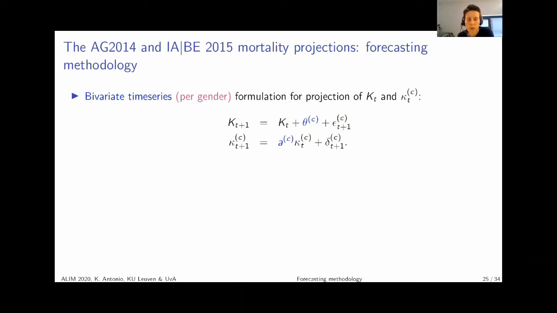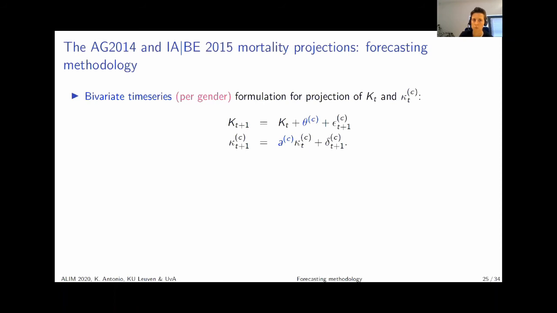So let's think a little bit about how we would project this time series model to the future. What we get here is, per gender, the KTs and the capacities calibrated at the level of a specific country. If we look at the time series that we're going to use, you recognize the random walk with drift at the European level, and for the country-specific deviation, you recognize an autoregressive time series model of order 1.